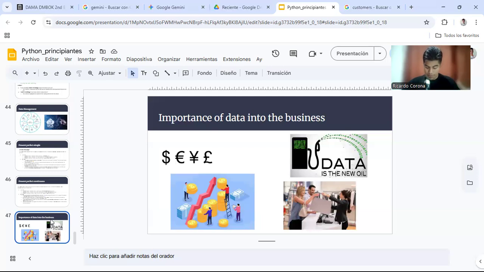Those companies without data, or with unreliable data, fail in managing data. Remember that we are gaining knowledge about data management, and companies that fail to manage their data, it's similar to failing to manage their capital.